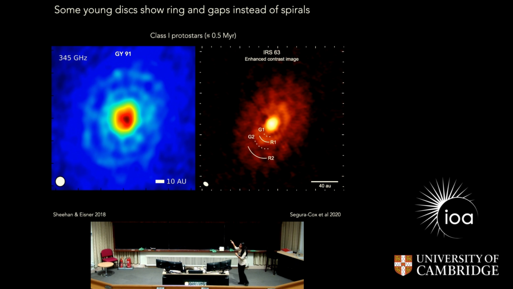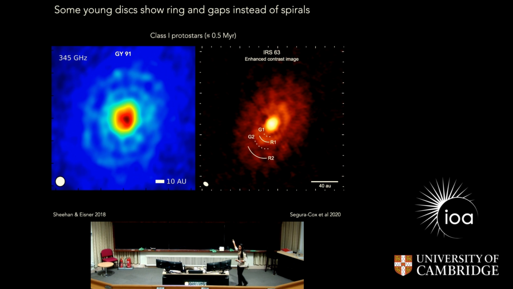Both of these are much less than about 500,000 years old. We might expect these to show spiral structures if they were self-gravitating, but instead we see a ring structure, and we see gaps. On the right-hand side, you can see this a little more clearly. The Rs mark the rings, the Gs mark the gaps.